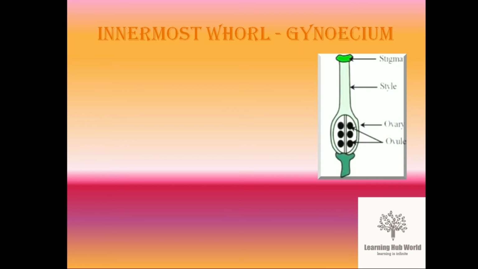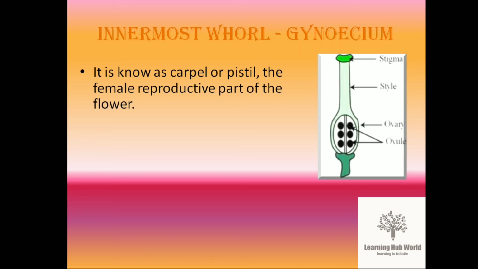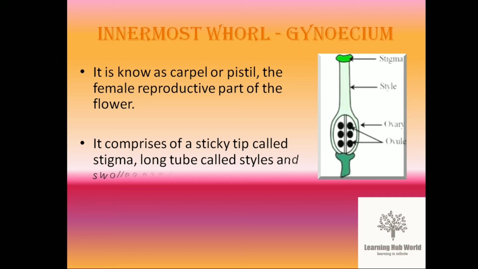The innermost whorl of the flower is the gynoecium. This gynoecium is nothing but the female reproductive part of the plant, and it is also known as the carpel or the pistil. This pistil is made up of three parts. The uppermost part is the sticky part or the sticky tip called the stigma.